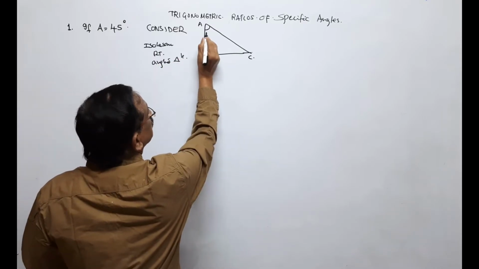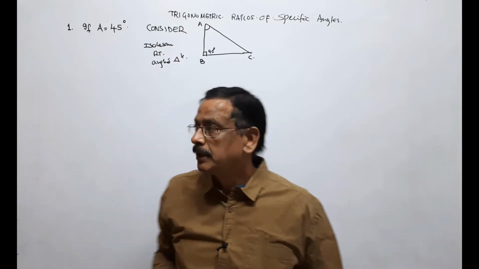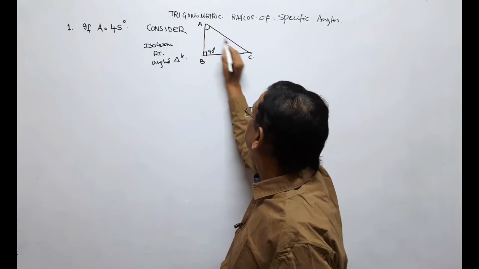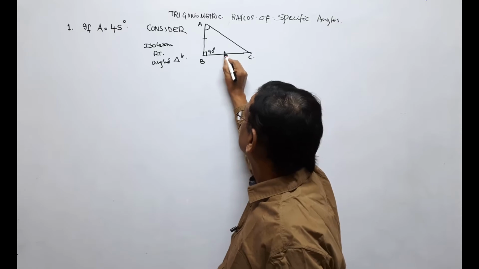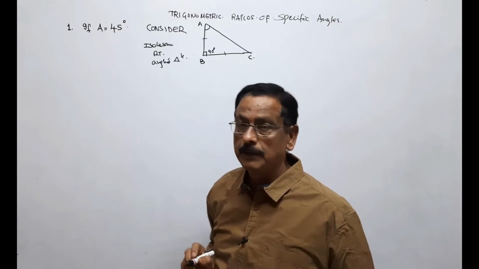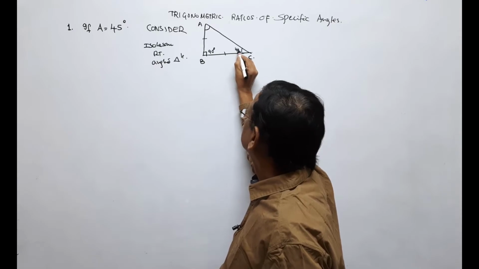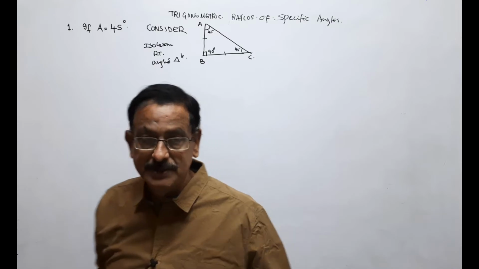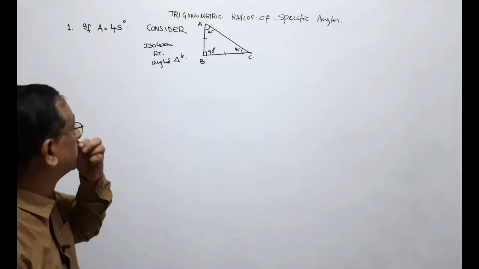In any triangle, the sum of the angles is 180. B is 90, so the other two angles should sum to 90, but it is isosceles. Isosceles means two sides are equal, so the angles opposite to those sides are equal. So this is 45 and 45, which makes the sum of the angles 180.